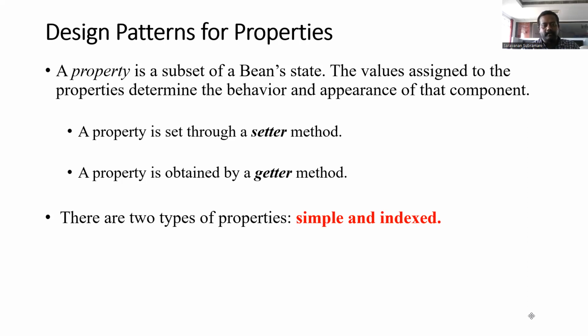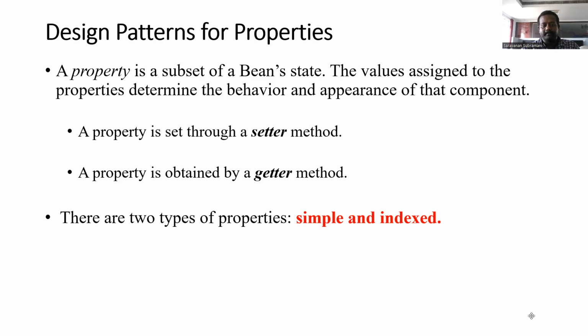Those variables are called properties of the particular class. For example, if we have student information, like student register number, student name, and student age, these are all different types of properties. A property is set through the setter method and obtained by using the getter method.